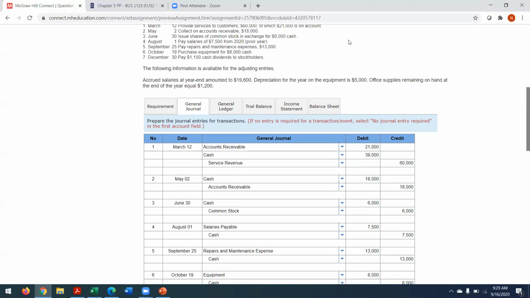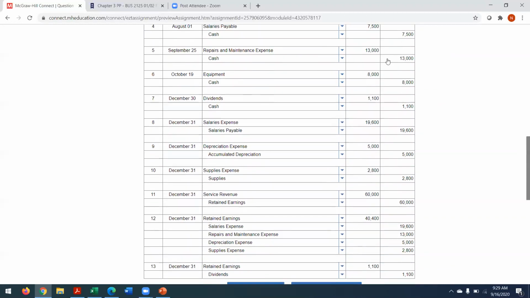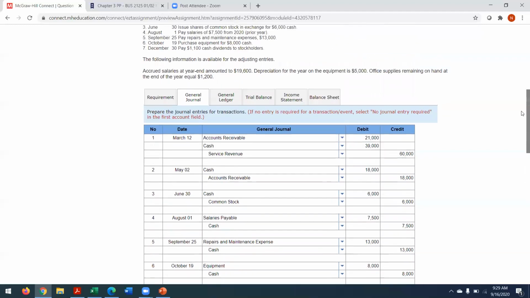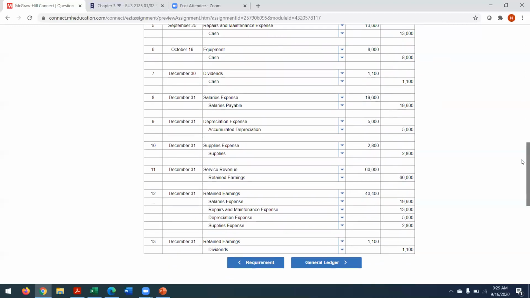That is an adjusting journal entry showing salaries expense of $19,600, and we credit salaries payable for $19,600. Next, depreciation for the year on the equipment is $5,000. We debit depreciation expense for $5,000. We credit accumulated depreciation. Remember that contra account I was telling you about, for $5,000.